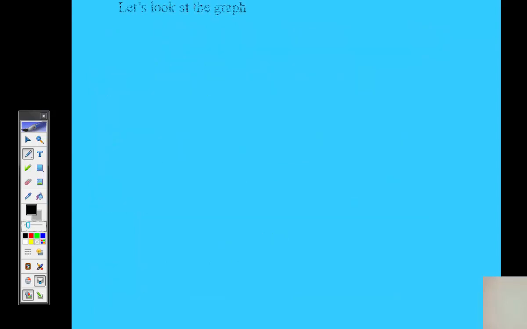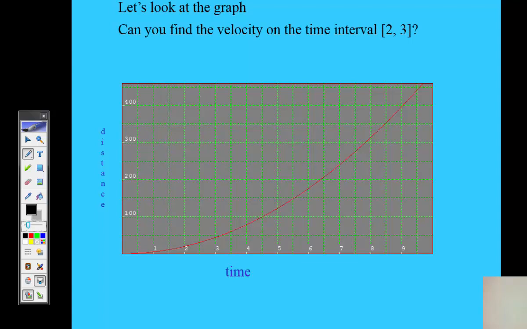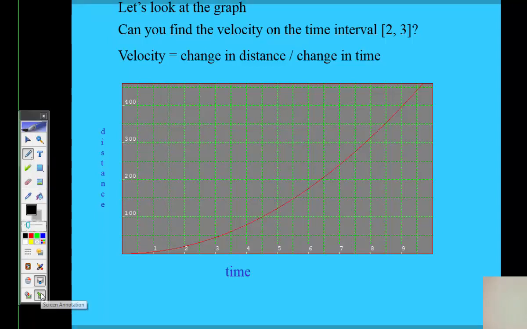We said to calculate our average velocity, we're going to use the slope of our secant line. If we looked at the slope of our secant line on the interval 2 to 3, now here's the graph we're going to be using, and if we looked at the secant between the 2 points 2 and 3, we could calculate the slope of this line.